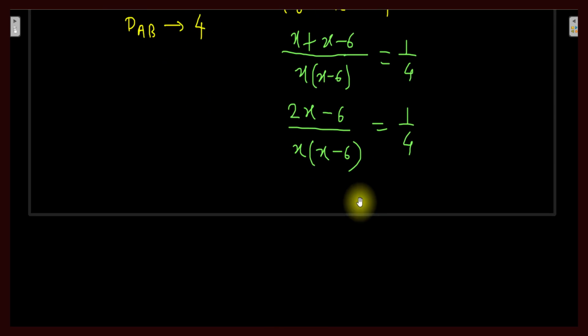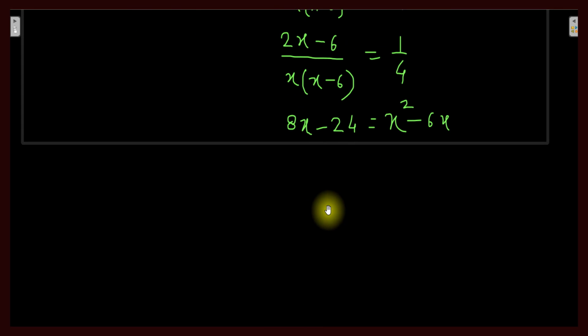Now cross multiply and you will get 8x. 4 2s are 8x minus 6 4s are 24, which is equal to, here you multiply by 1 by this and then multiply by x inside the bracket, so it will be x square minus 6x.